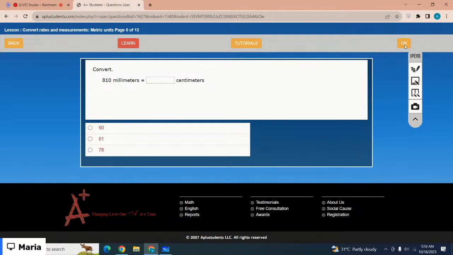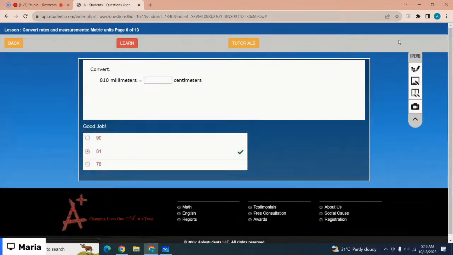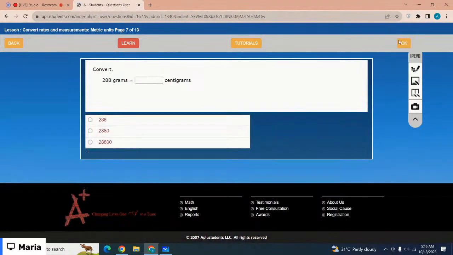The correct option is 81. Okay, 288 grams equal how many centigrams?